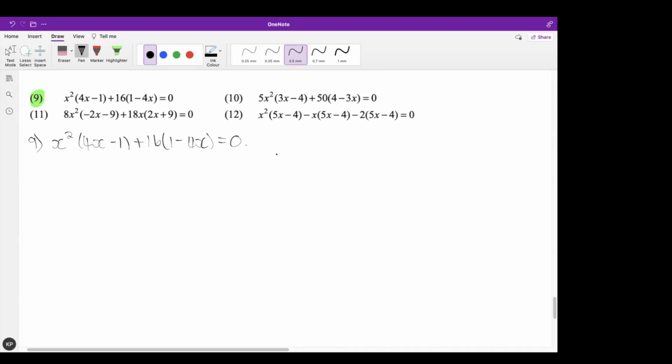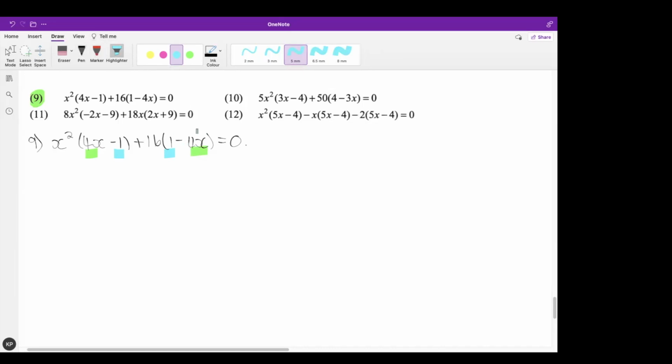You need to be very observant. They both have a 4x and they both have a 1. But what is different about them?